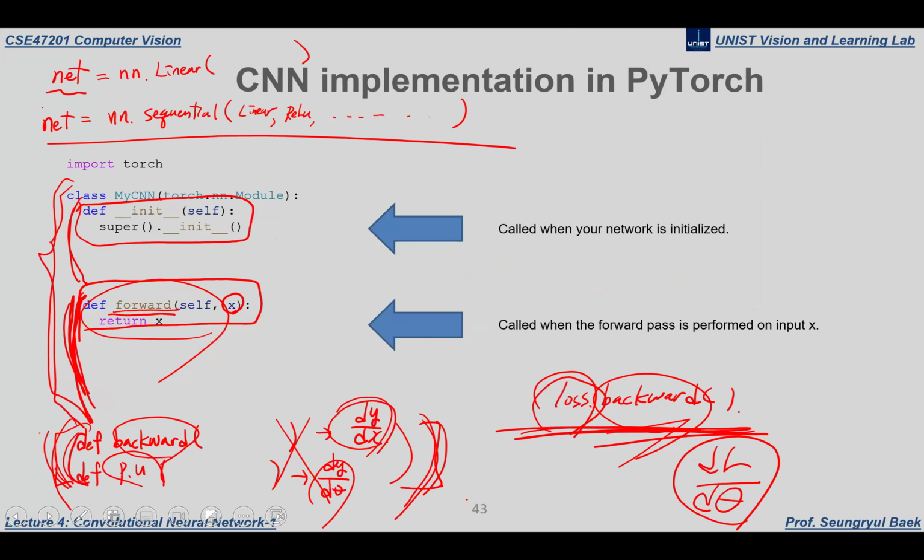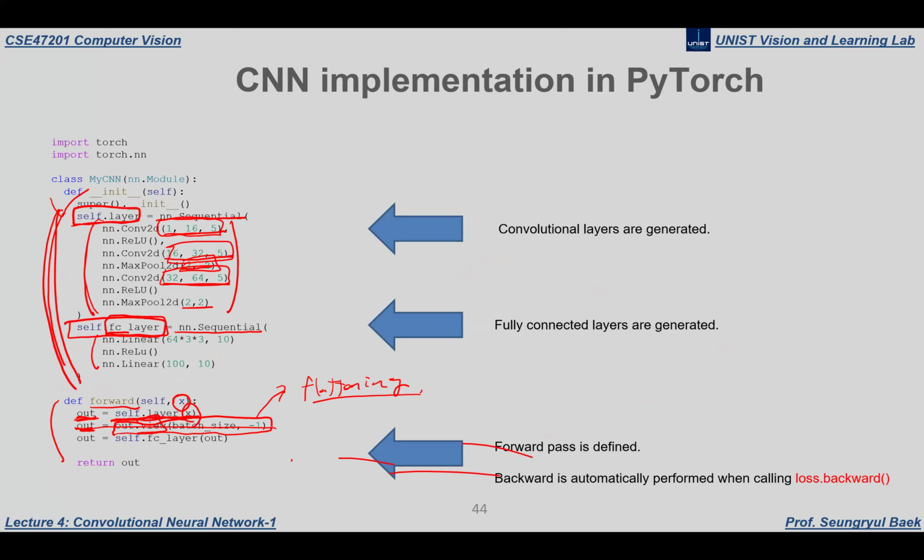That can be done using this code. Finally, you apply the fully connected layers, and this becomes a 10-dimensional vector, which is the probability vector. So by defining this class, you can make the class for the CNN network.